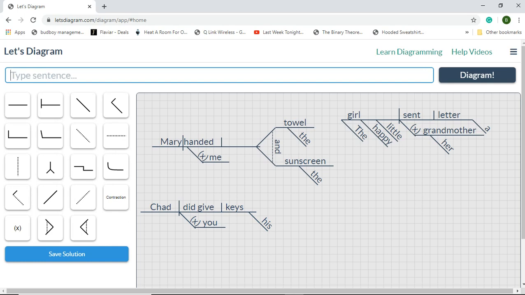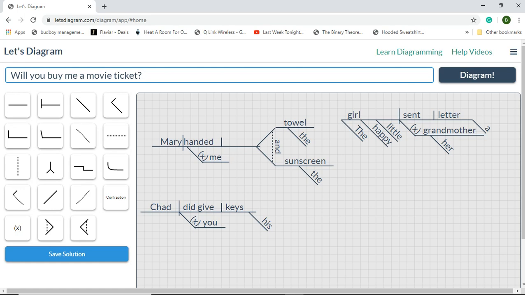Sentence for number 4 is, will you buy me a movie ticket? Question mark. Will you buy me a movie ticket?